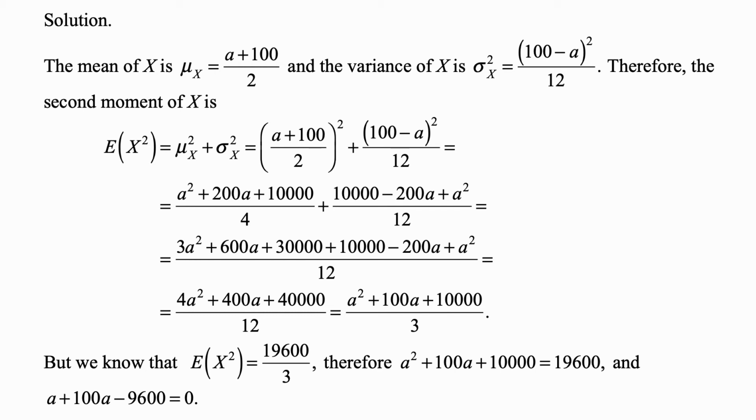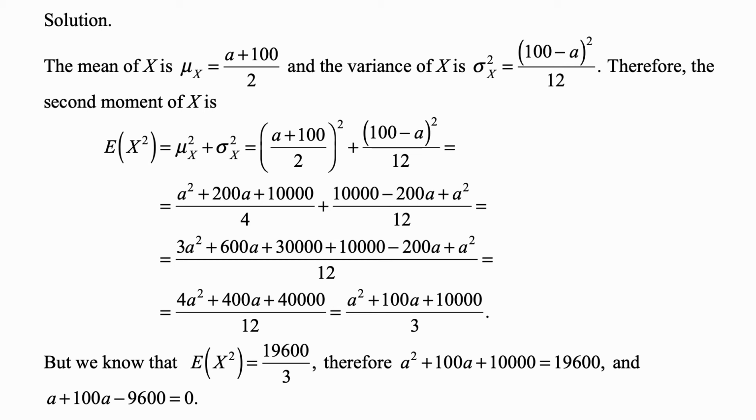Divide the top and the bottom by 4, and you get (A squared plus 100A plus 10,000) over 3. And we know that this is equal to 19,600 over 3. That's the second moment of X. Therefore, A squared plus 100A plus 10,000 must be equal to 19,600.